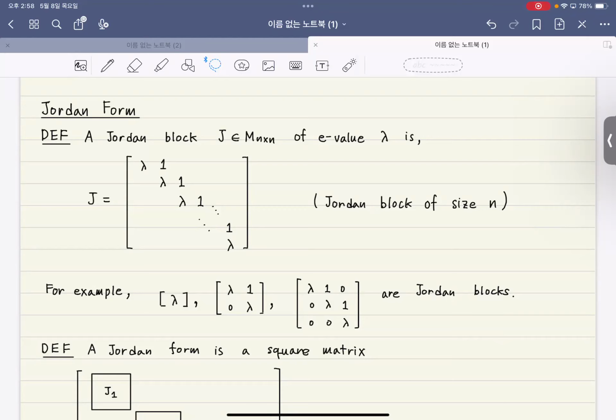But it would be super nice, super great if we can develop a matrix invariant which completely determines the similarity relations of the matrices. In other words, I really want a matrix invariant such that the invariants are the same if and only if two matrices are similar, right?